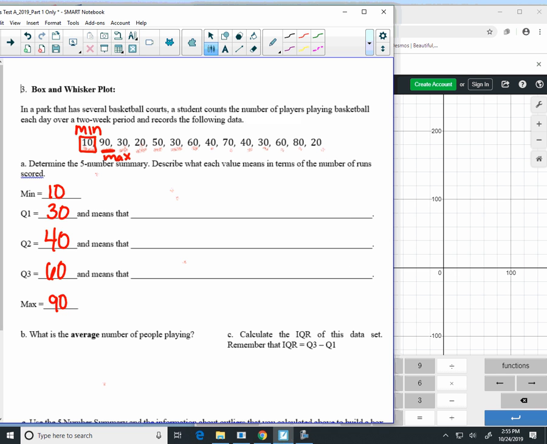So what this means, well, quartile 1 is the 25th percentile. So that means 25%, and this is days.